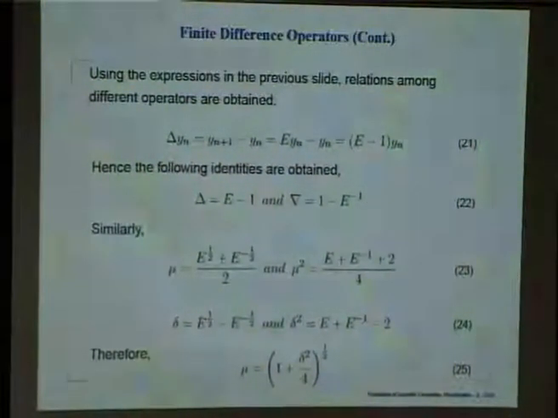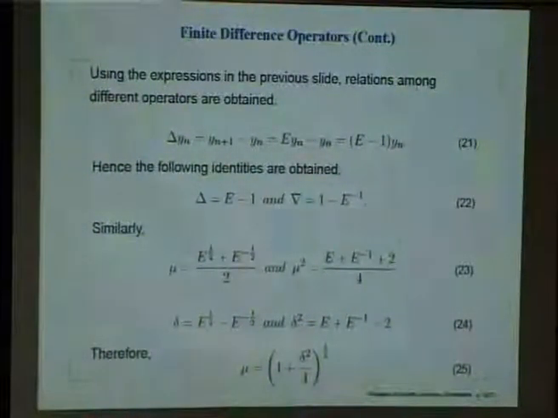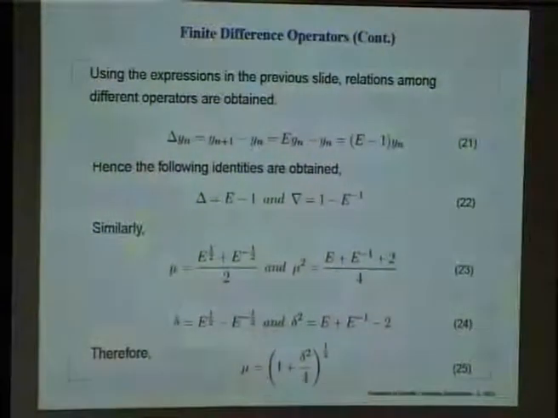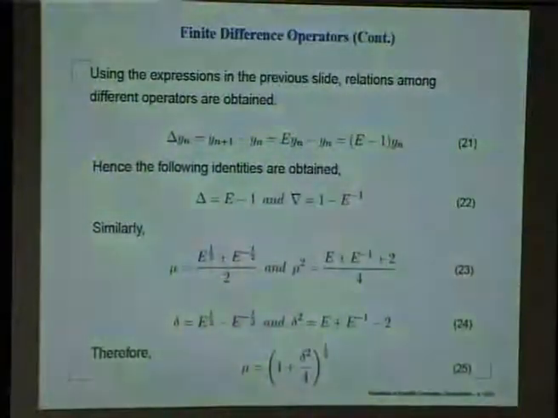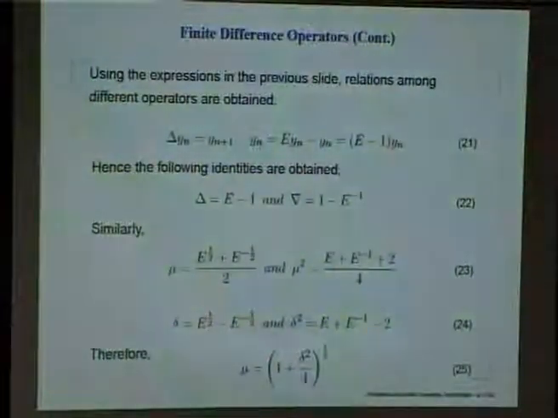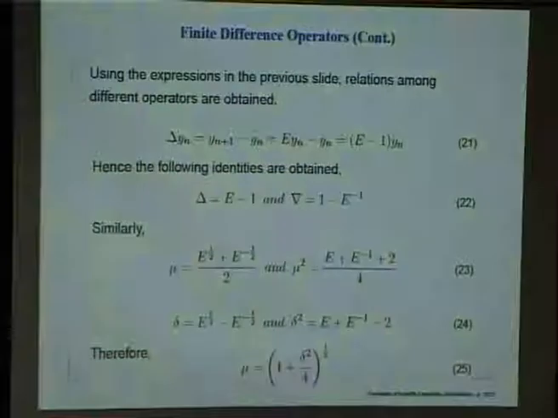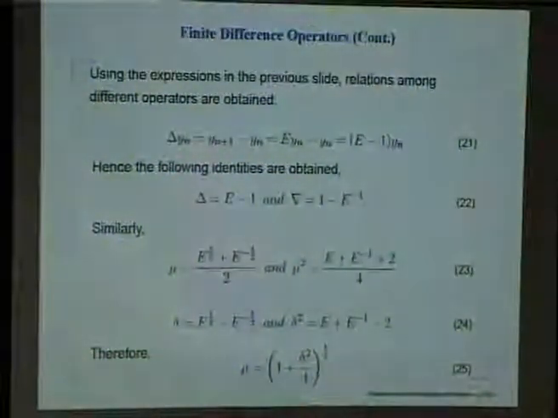Now, I think there is a mistake here. This is delta 1, right. This delta 1 is y n plus half minus y n minus half. So, this is delta 1. So, after squaring we should get that, right.